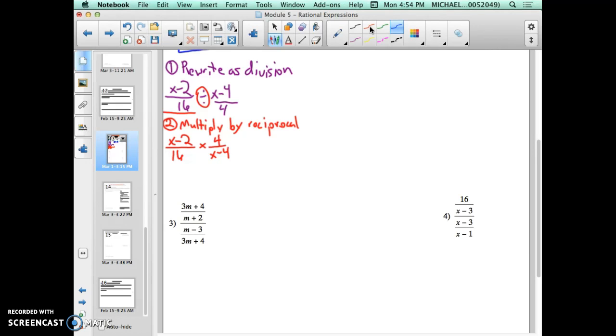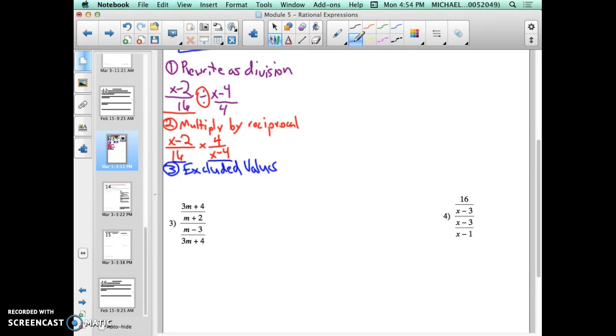So from that, because nothing needs to be factored, my step 3 is to state excluded values from factored form. It's already in factored form, so I just state excluded values. Remember, for excluded values, I look for factors in my denominator. x minus 4 is a factor. 16 is not a factor because it doesn't have a variable with it. It's just a number that stands alone. So all I can work with is x minus 4.